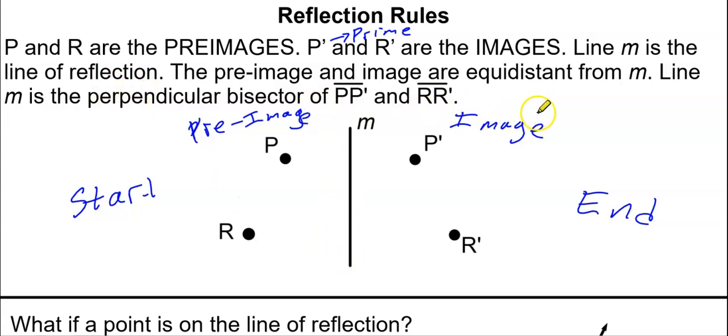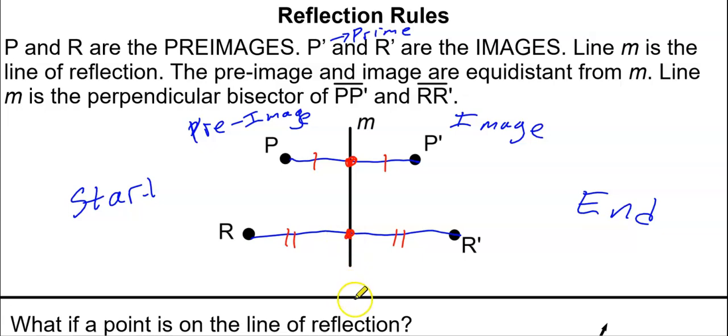The pre-image and the image are always equidistant from M. What that means is, if I connect P to P prime, this segment and this segment are congruent. If I connect R and R prime, those two segments are congruent.